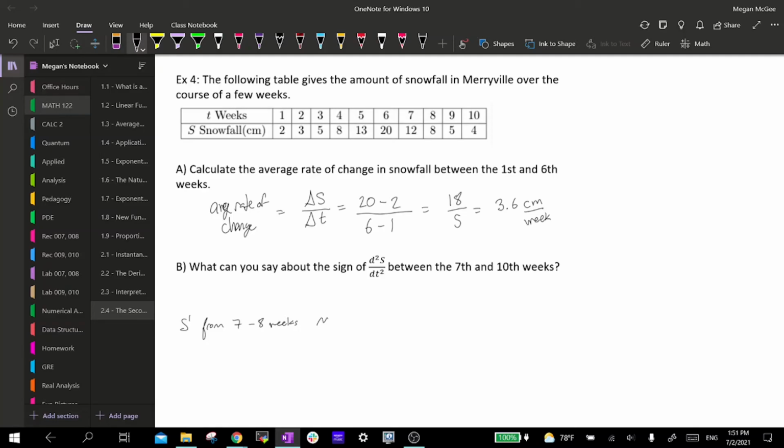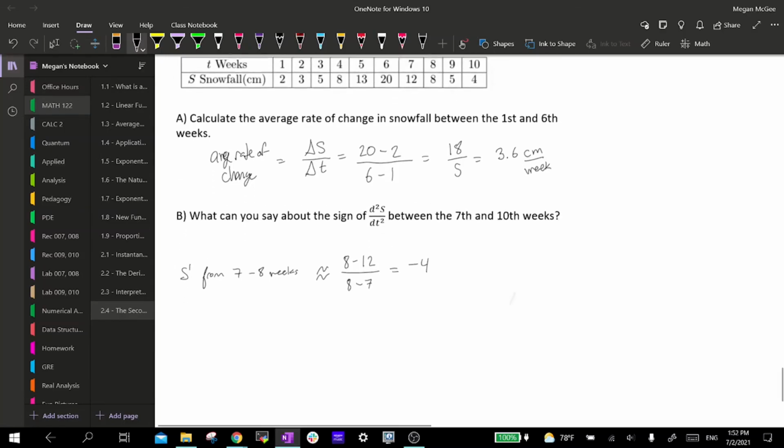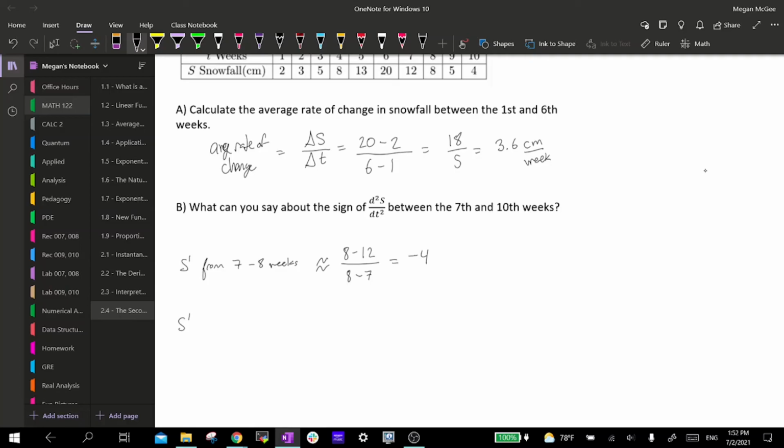Alright, so we need S prime from 7 to 8 weeks. We know that's approximately our change in S over change in T. So that's going to be 8 minus 12 over 8 minus 7. So that gives us negative 4 over 1, which is just negative 4. So then we need S prime from 8 to 9 weeks.